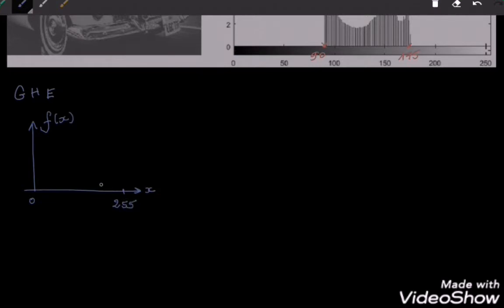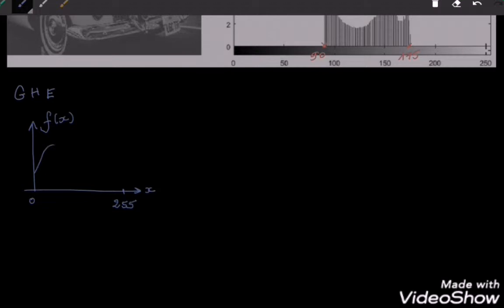For the sake of this study, we will assume that the probability density function is continuous, which is not the case for images, because images are digital and the values are discrete. So just for the sake of this proof, consider that the PDF is continuous.